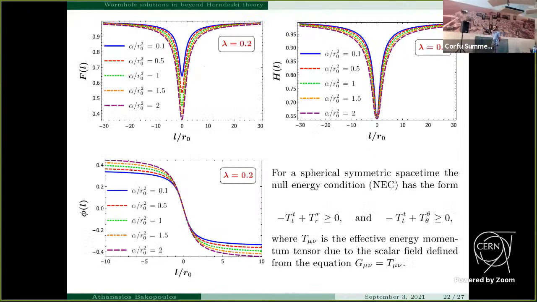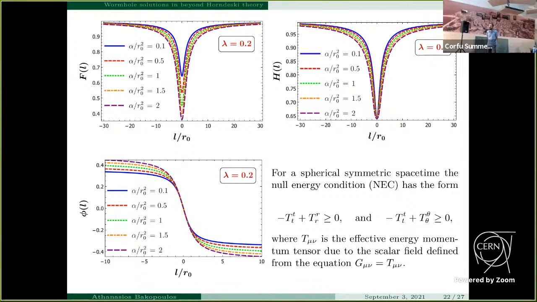In the first plots here, we have the metric functions for wormhole solutions with lambda equals 0.2 and different values for the coupling constant alpha. In the third plot, we have the scalar field for these solutions, which has been found numerically.